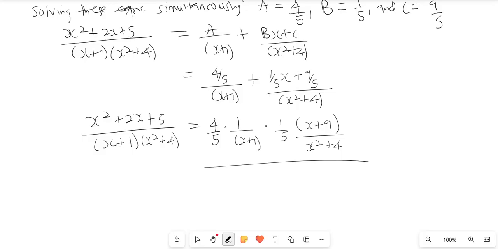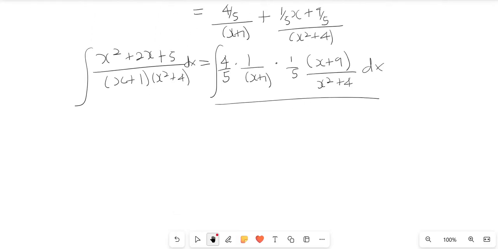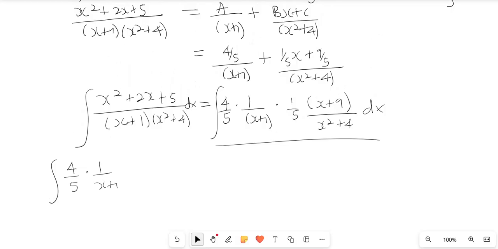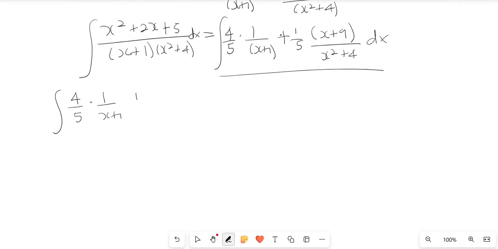Instead of integrating the original function, we are now going to integrate 4 over 5 times 1 over x plus 1, plus 1 over 5 times x plus 9 all over x squared plus 4, dx.